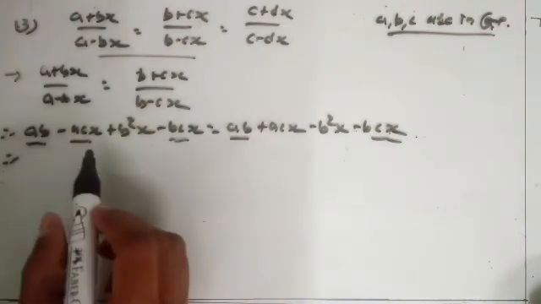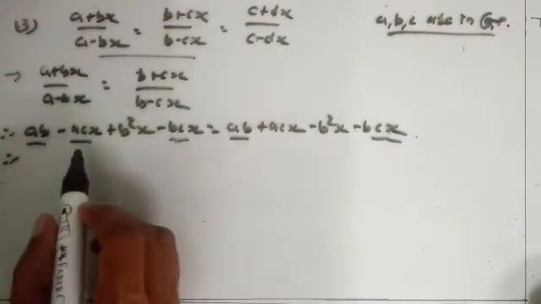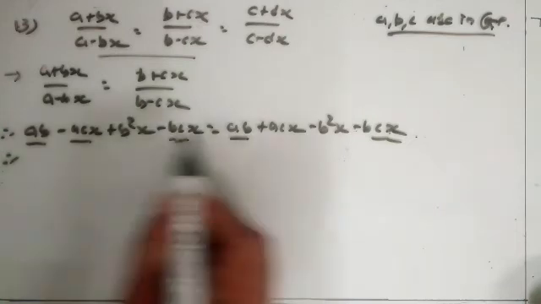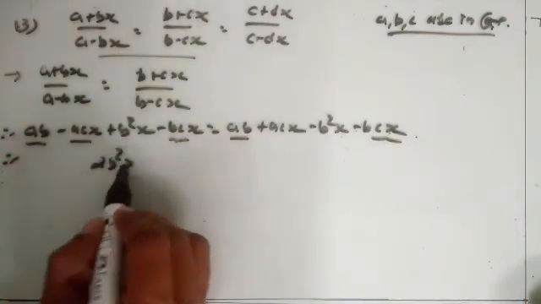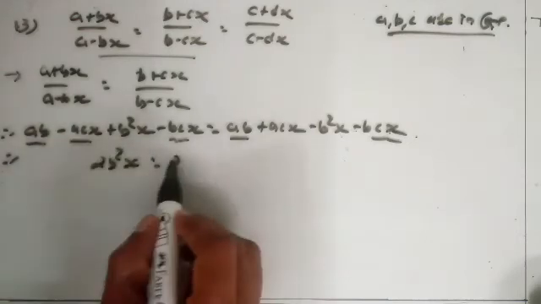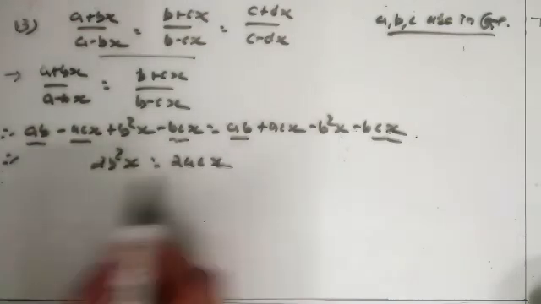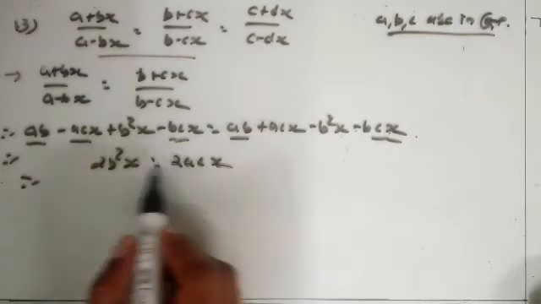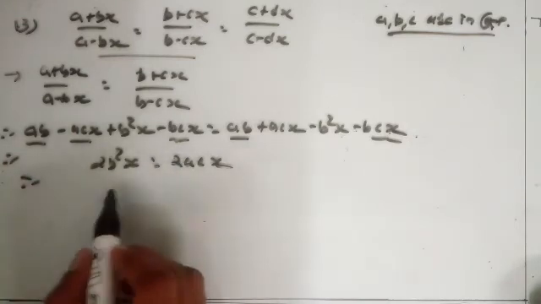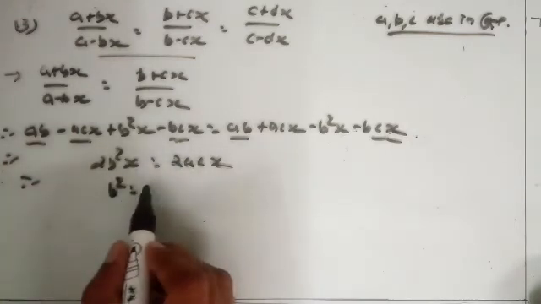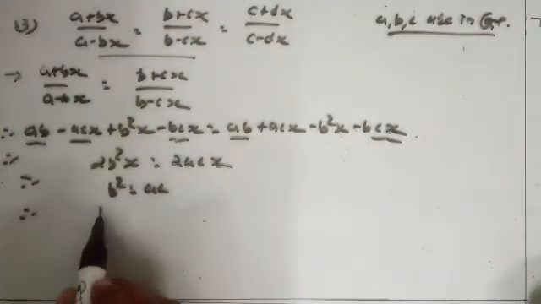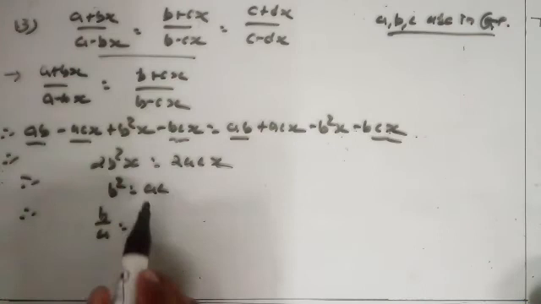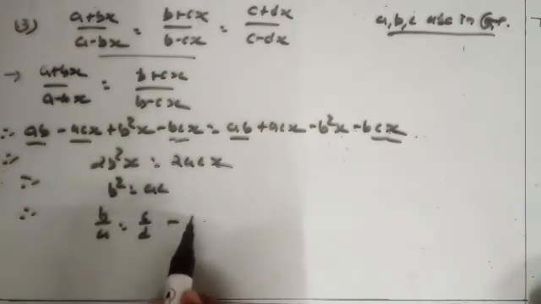Then b square x take this side, so 2 b square x is equal to 2 acx. Therefore 2 from both sides cancels and x cancels, so b square is equal to ac. Clear? Therefore b upon a is equal to c upon b. Take this as result number 1.